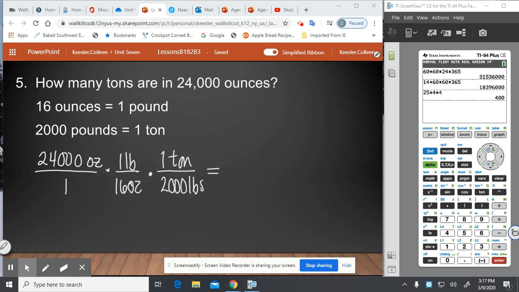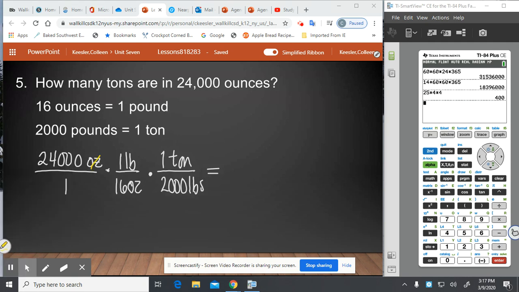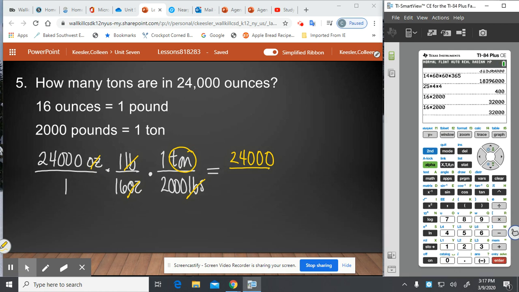So now we can cancel out the units that we don't want, which would be ounces and pounds, which leave us with tons. And if we do 24,000 times 1, we get 24,000. And this time it's over 16 times 2,000, which should be 32,000.